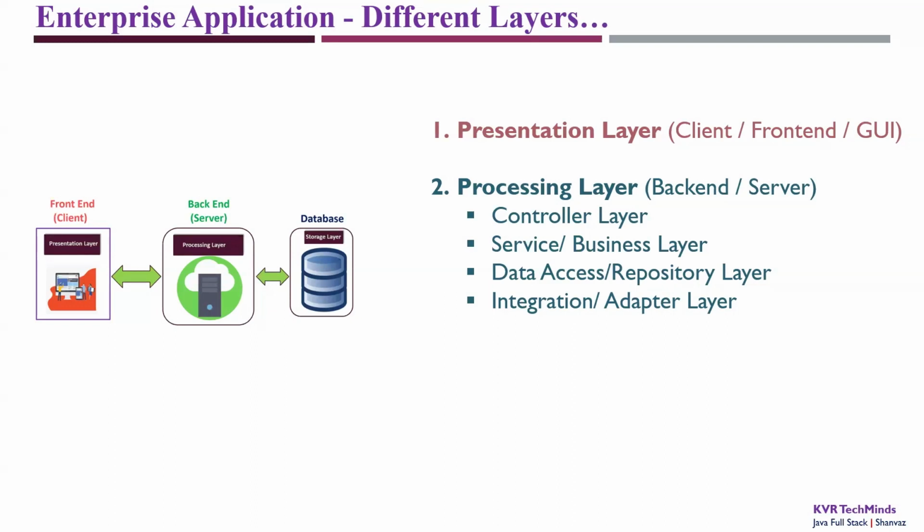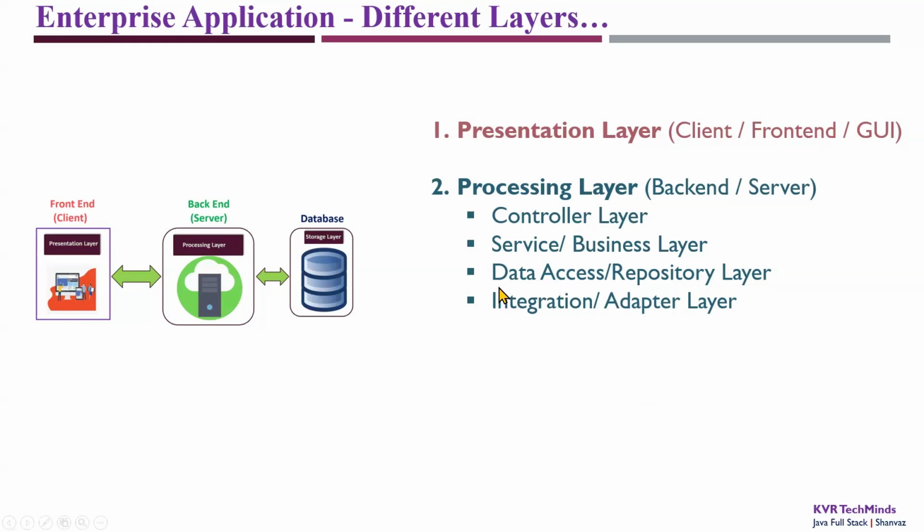No guarantee. Why? Because these are two different applications maintained by two different clients. Amazon may be using Python, HDFC Bank may be using Java. How are these two applications communicating even though they are written in different languages? That magic is done by this integration layer.